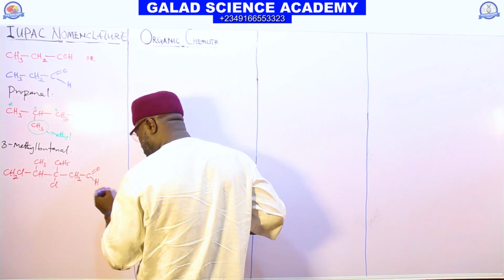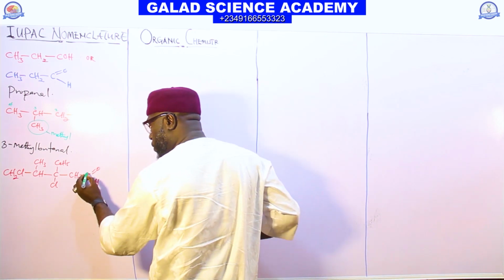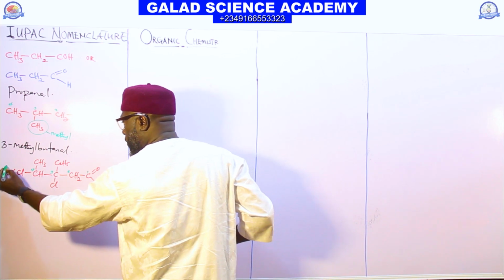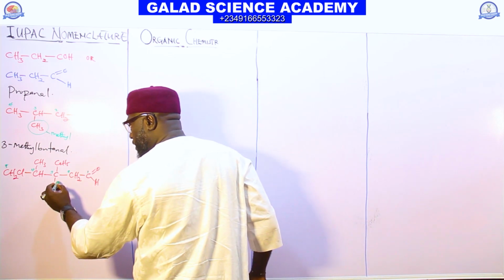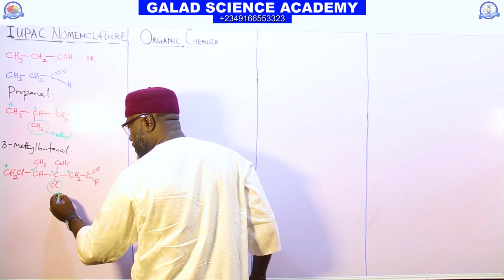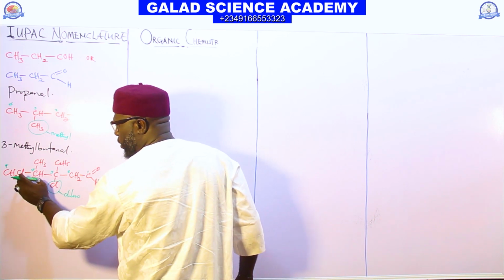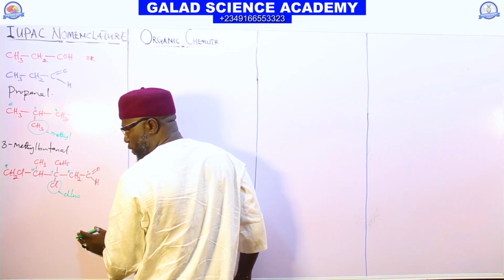So this is the functional group. We start our naming from the functional group. This place will be 1, 2, 3, 4, 5. How many substituted groups do we have? We have one here, chloro. We also have another chlorine here in the condensed form.